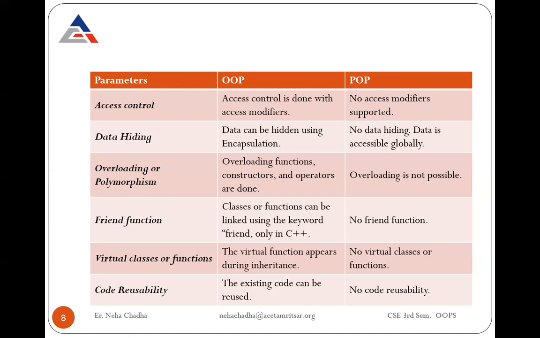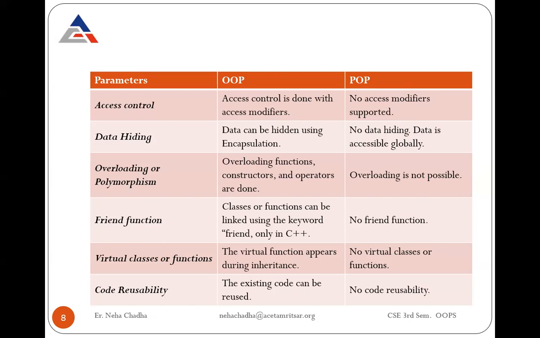Overloading and polymorphism: overloading of functions, constructors and operators is done in object-oriented programming, but in procedure-oriented programming, no overloading is possible. Friend function: classes or functions can be linked using the keyword friend only in C++. In procedure-oriented, no friend function is there.